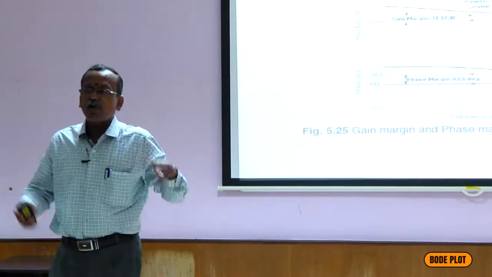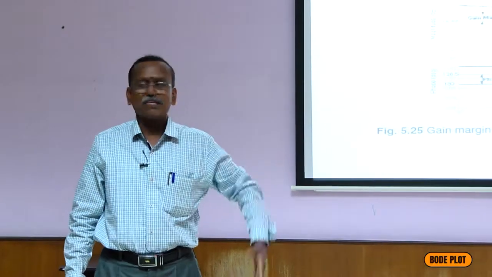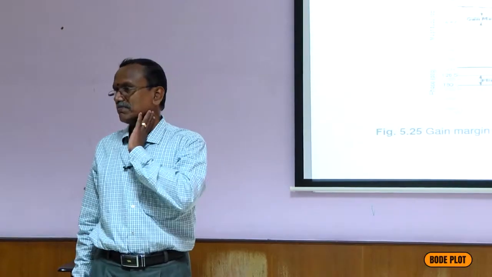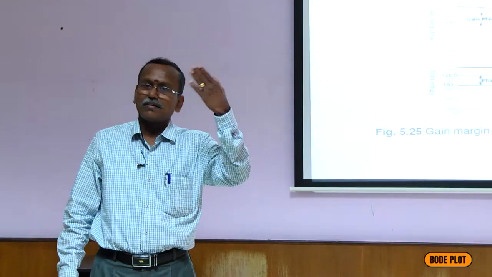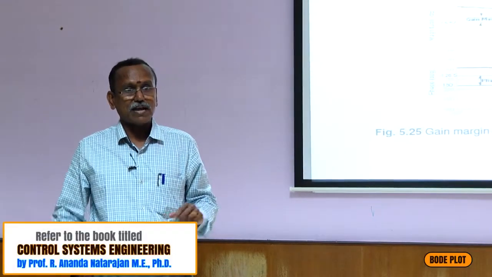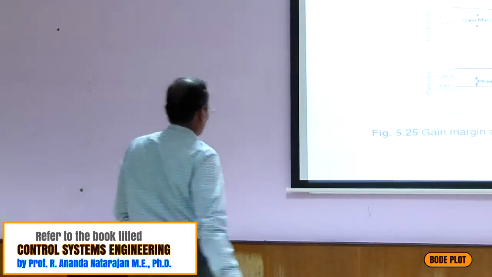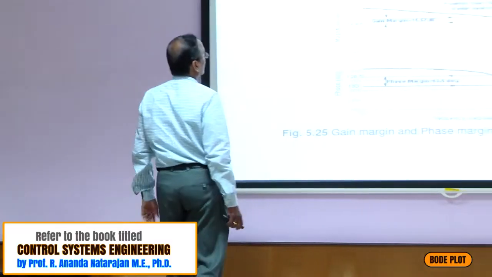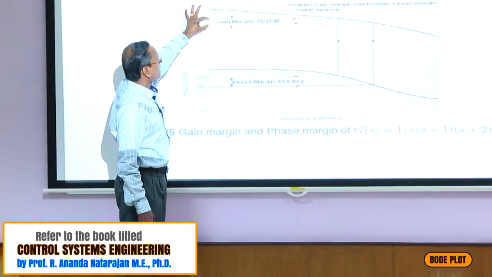To make it 0, how much can I add? 15.57. Therefore, the gain margin is 15.57. The system is stable. If the magnitude is negative, the gain margin is positive, because I can add that much gain until the system reaches the verge of instability. That's why the gain margin is 15.57.